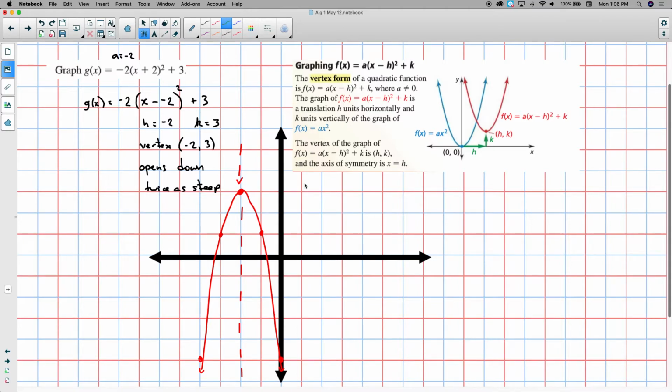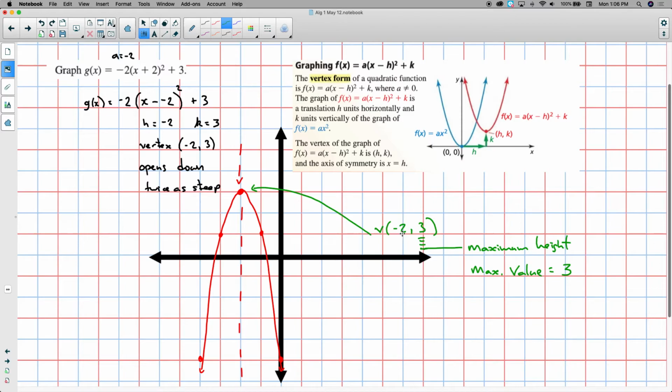All right, so I'm also wanting to remind you that this vertex is the coordinate negative 2, 3, and 3 is the maximum height that the parabola ever goes. It goes up to 1, 2, 3, and never higher. Okay, so we refer to this as the maximum value, and that is equal to 3.